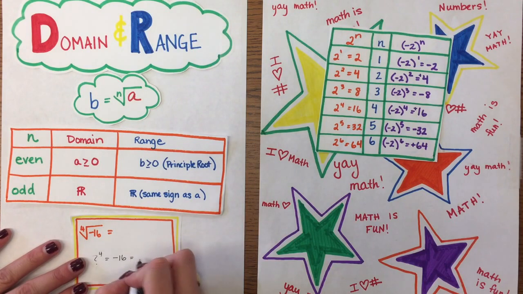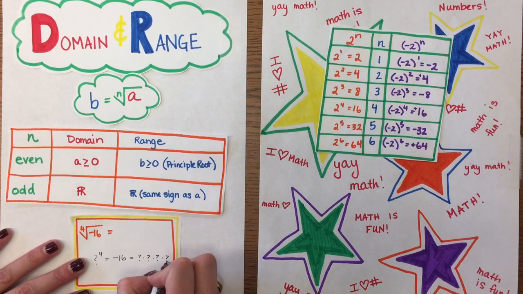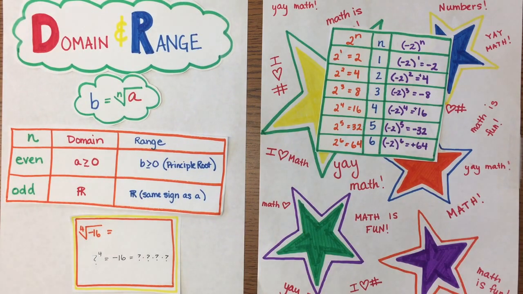So I need some number multiplied 4 times by itself to get a negative number. When we looked at this with the square root of -4, we had to come up with a new number system called imaginary numbers. But there's no real number that, when raised to the 4th power or multiplied by itself 4 times, gives a negative number.